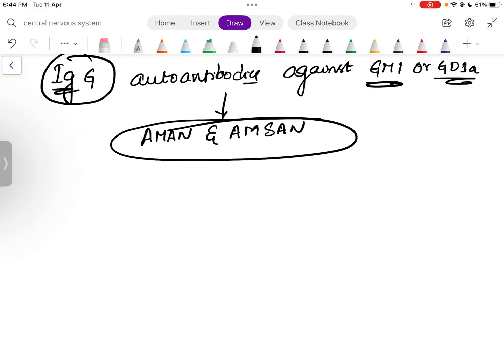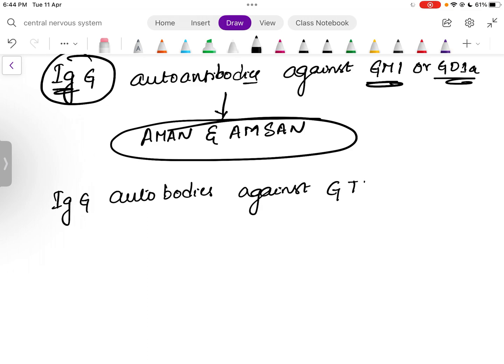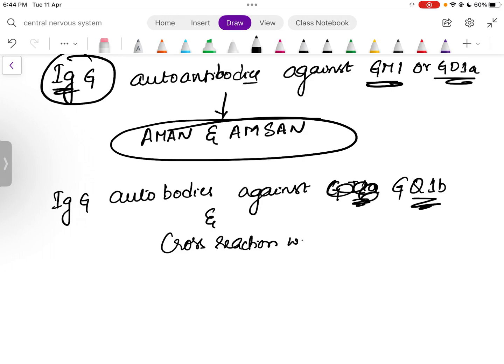Whenever IgG autoantibodies are directed to GQ1B, they will have a cross reaction with GT1A.